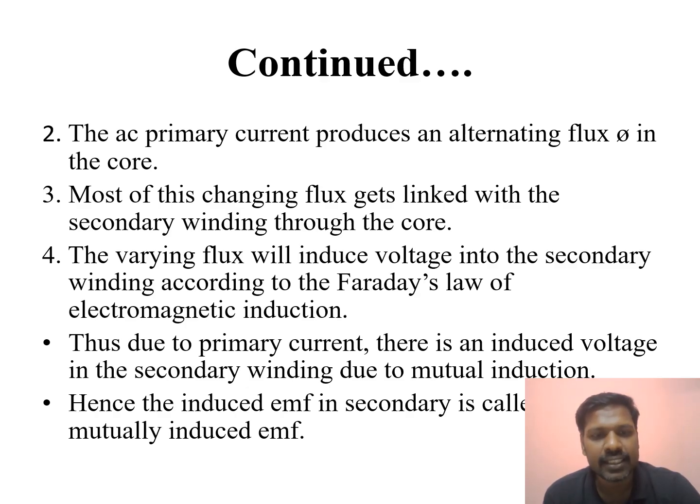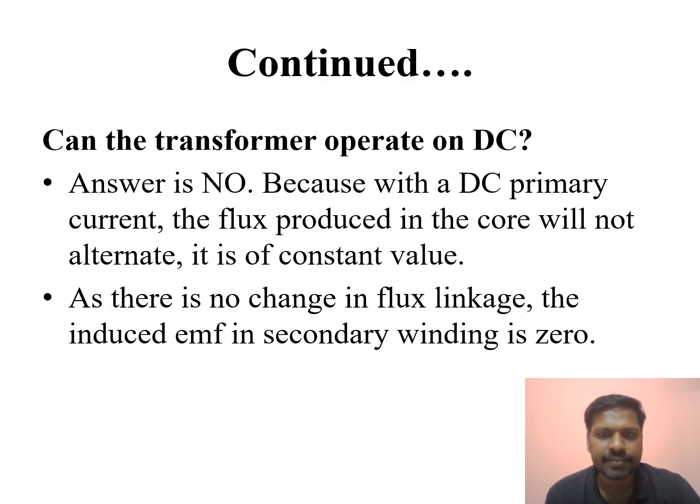The varying flux induces a voltage in the secondary winding according to Faraday's law of electromagnetic induction. This induced voltage in the secondary is produced by mutual induction between primary and secondary. Therefore, the EMF in the secondary is called mutually induced EMF.